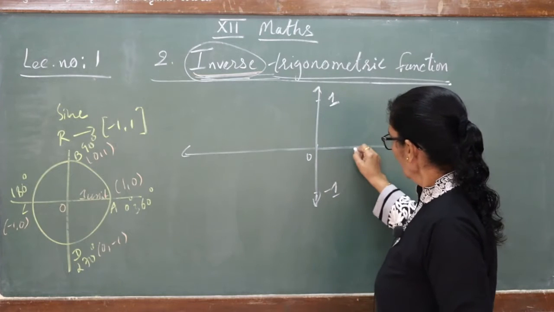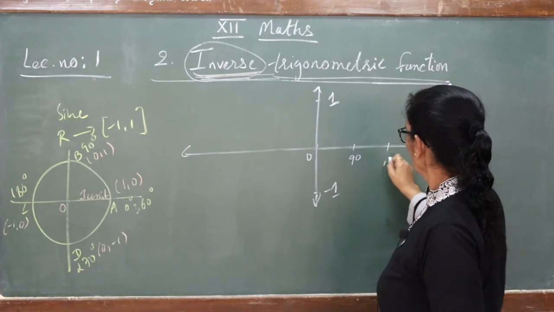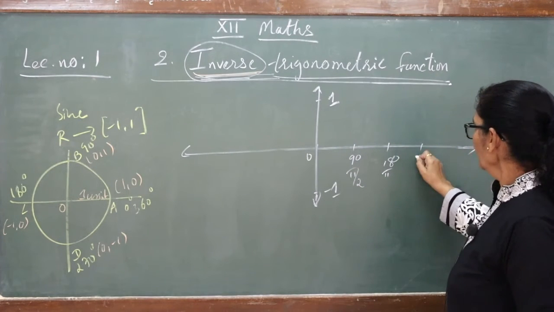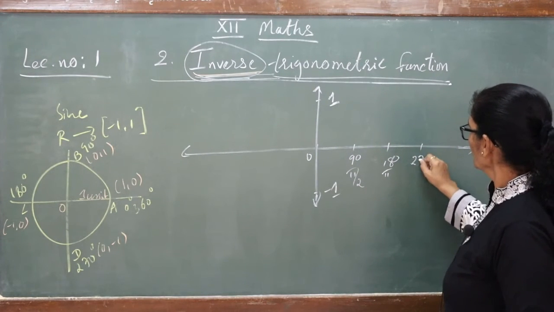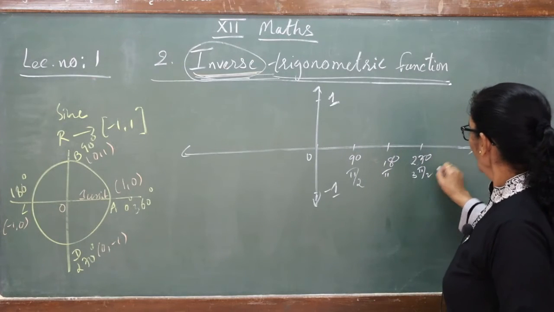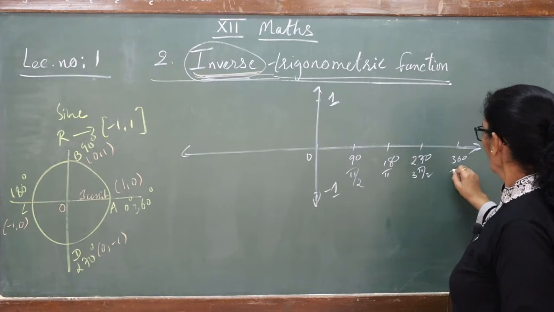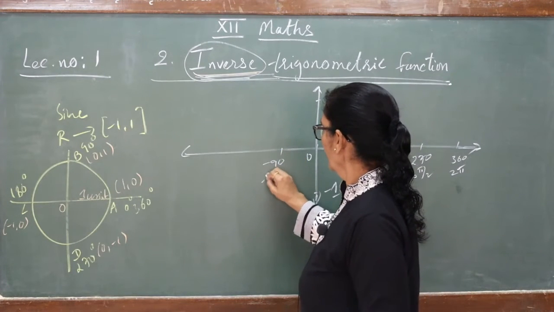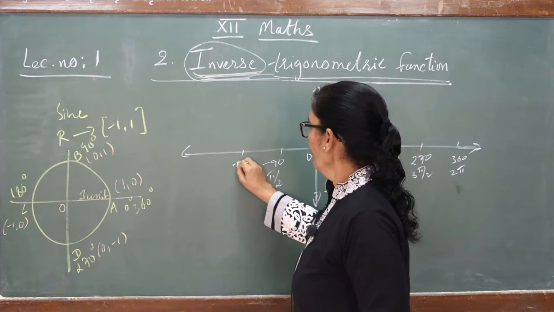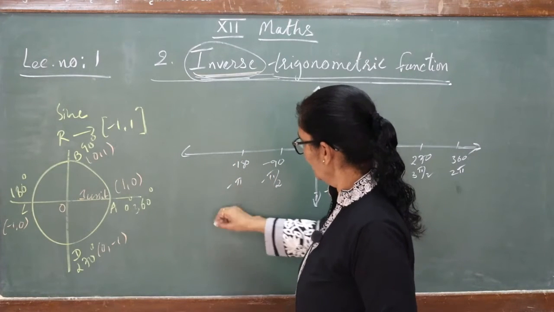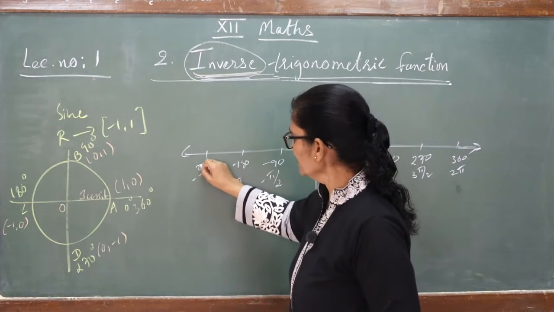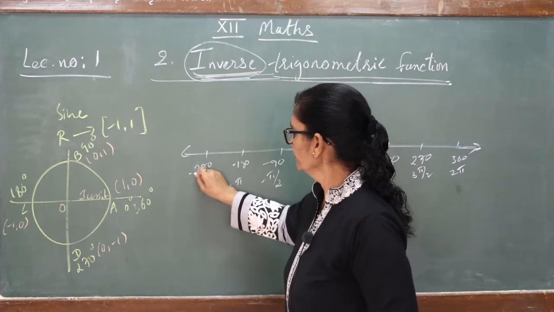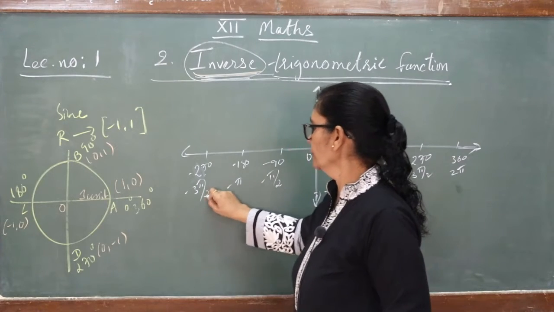Now 0 degree, 90 degree, 180 degree, I can write pi by 2, pi, then 3 pi by 2 or 270, and last 360 or 2 pi. Similarly I can draw minus 90 degree or minus pi by 2, minus 180 degree means minus pi, minus 270 degree or minus 3 pi by 2, that way.